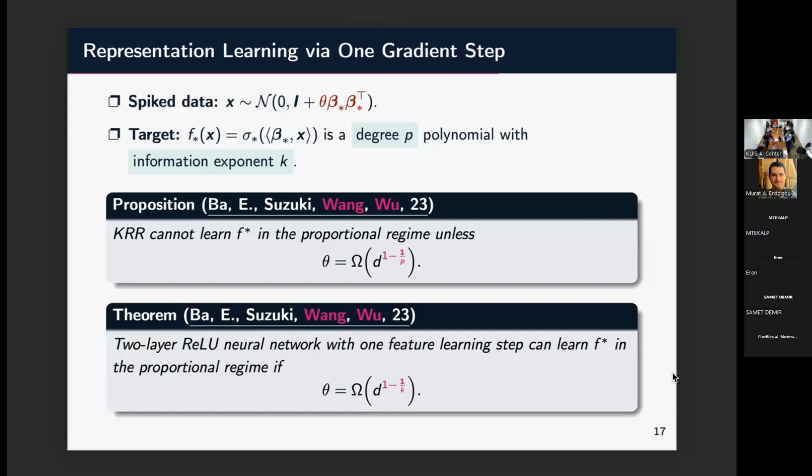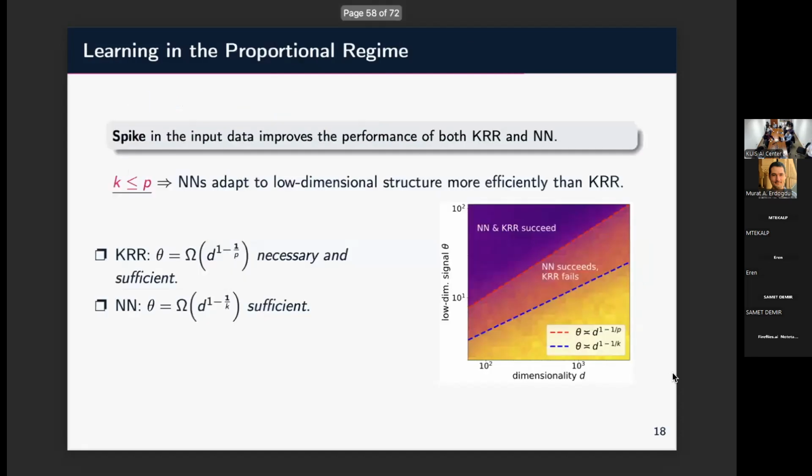Just by looking at that, I can actually draw a separation. Let me show you on the figure. Since I know k is less than or equal to p by definition, we can draw the following figure. This is a real simulation, and each square is 50 experiments that my students did. The x-axis is the dimensionality and the y-axis is the spike magnitude. Those two results tell me that there is a regime where neural networks and kernel methods both succeed.